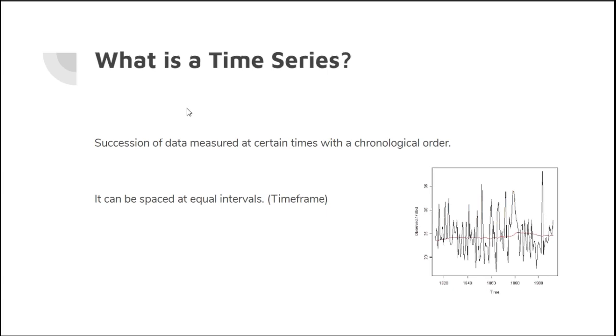It can be spaced at equal intervals. In most cases, when we are talking about financial markets, it doesn't matter if we are talking about Forex or futures or even options, it will always be spaced at equal intervals. That is called a time frame.